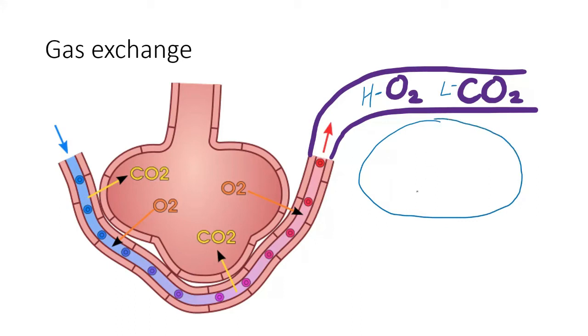But here's our cell. And inside the cell, let's consider what's the concentration of oxygen and what's the concentration of carbon dioxide. So do you think the concentration of oxygen would be low or high within the cells? Well, it should be relatively low inside the cells because the cells are using them up.